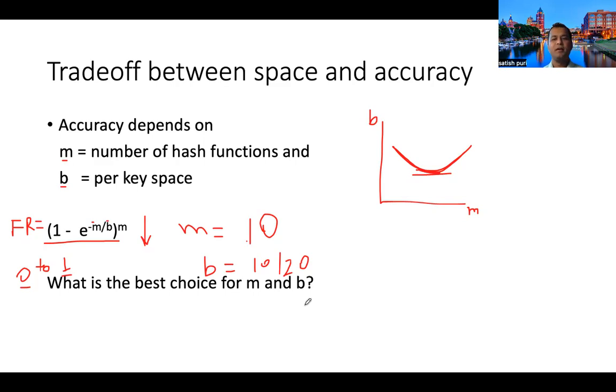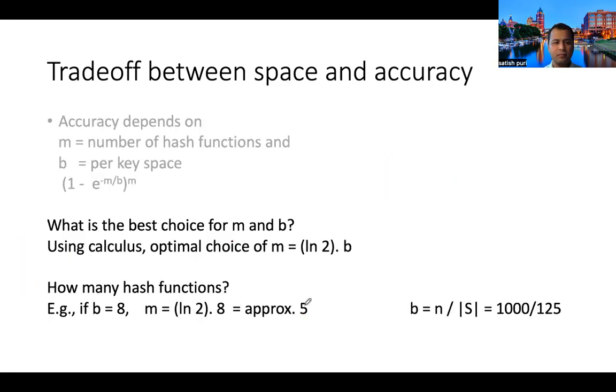Okay. All right, so we have some results. The book provides us a value: the ideal choice of m and b depends on this relationship, and that came after doing differentiation, equating that to 0 and finding the minima.